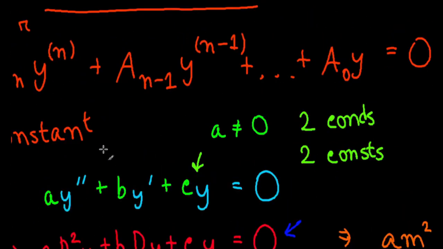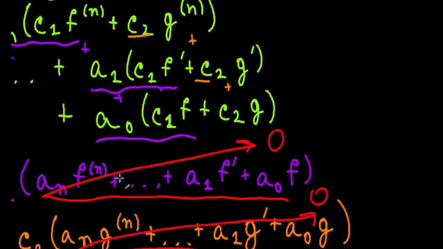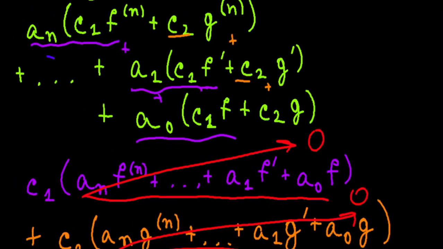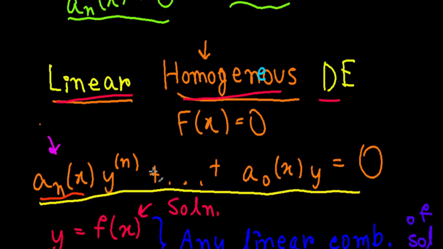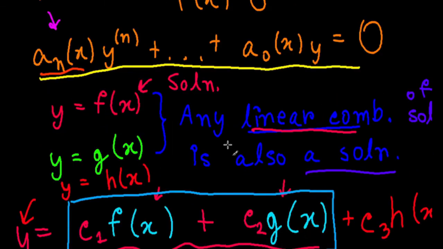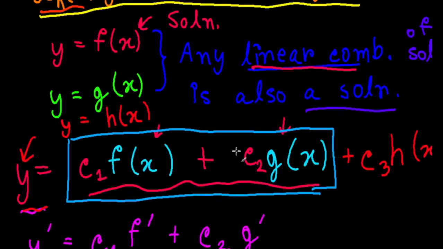But we just talked about these being solutions, so we can use the property that we discussed in the last video of linear homogeneous equations in general: if we have a bunch of solutions, any linear combination of those solutions is also a solution. A linear combination means multiplying each of your solution functions by some arbitrary constant and then taking the sum.